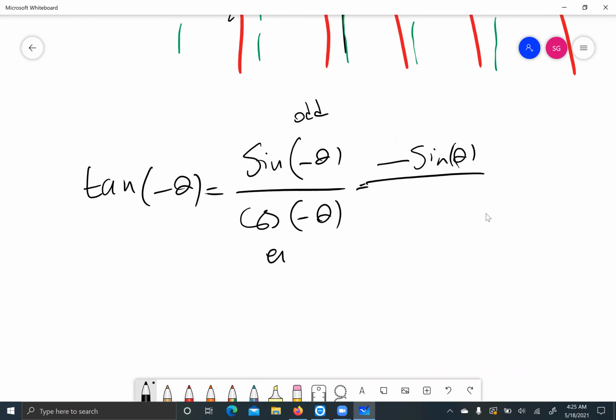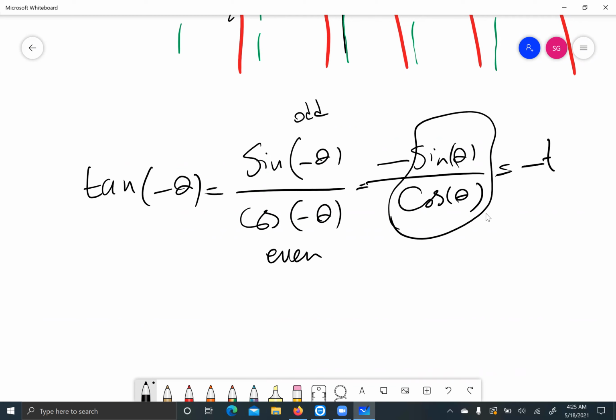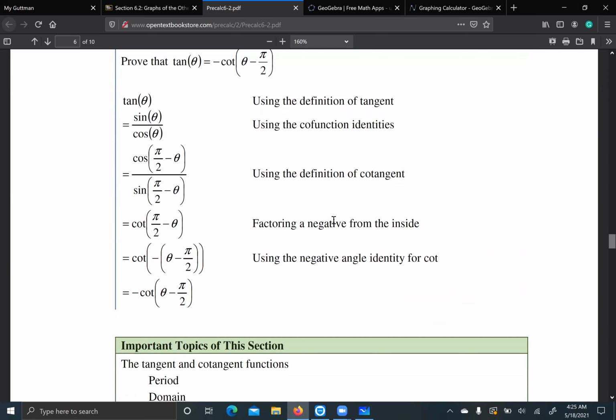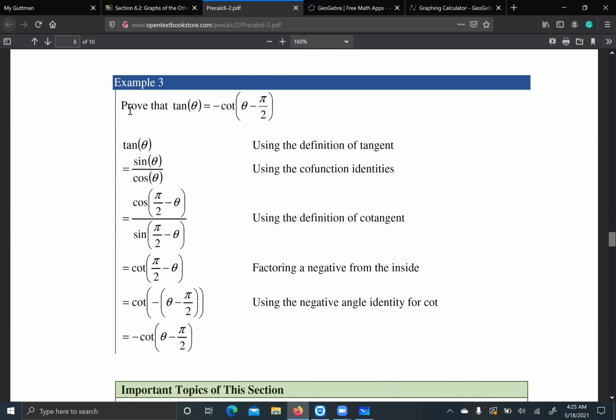And cosine is an even function, so it's going to be cosine of theta. Then we know that this is tangent, so it gives us negative tangent of theta. You can use the same argument to see that tangent, cotangent, secant, and cosecant are all odd functions.